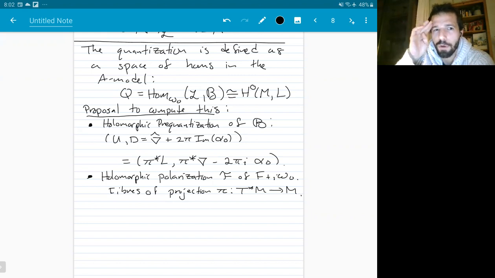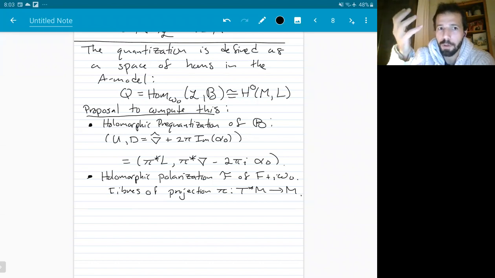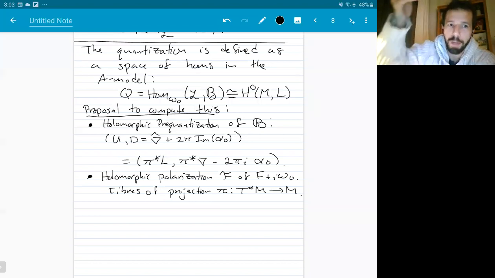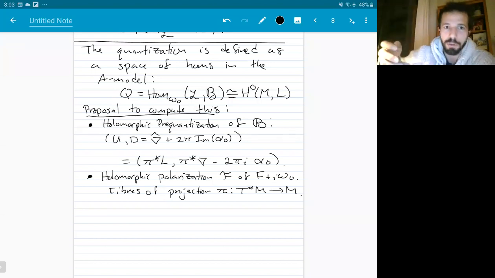And now what you're saying is that out of this, I'm going to construct an auxiliary holomorphic symplectic manifold, do some complicated calculation and recover these Homs that we know, with the hope that if I have a more complicated GCS at the beginning, I can also calculate this more complicated holomorphic symplectic manifold, do this construction, and define the Homs via this construction. Is that the picture? Yeah, exactly.